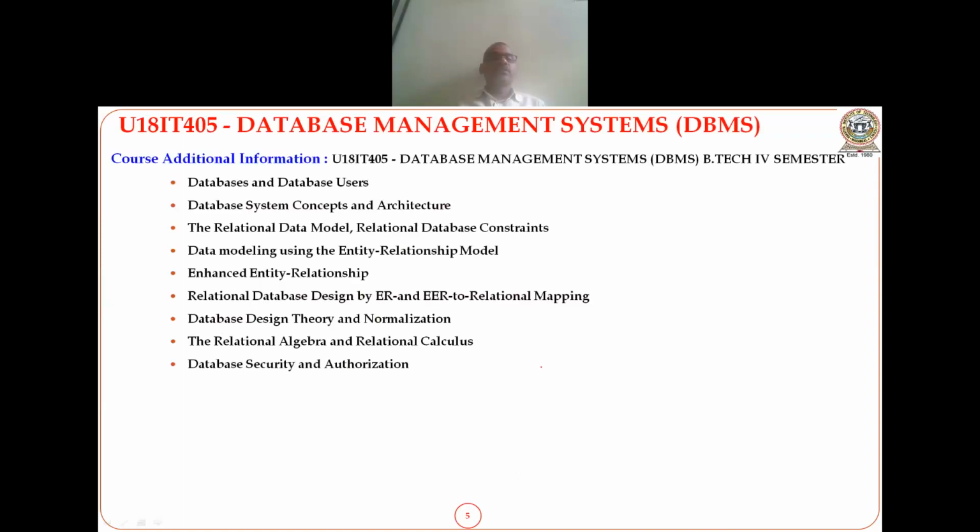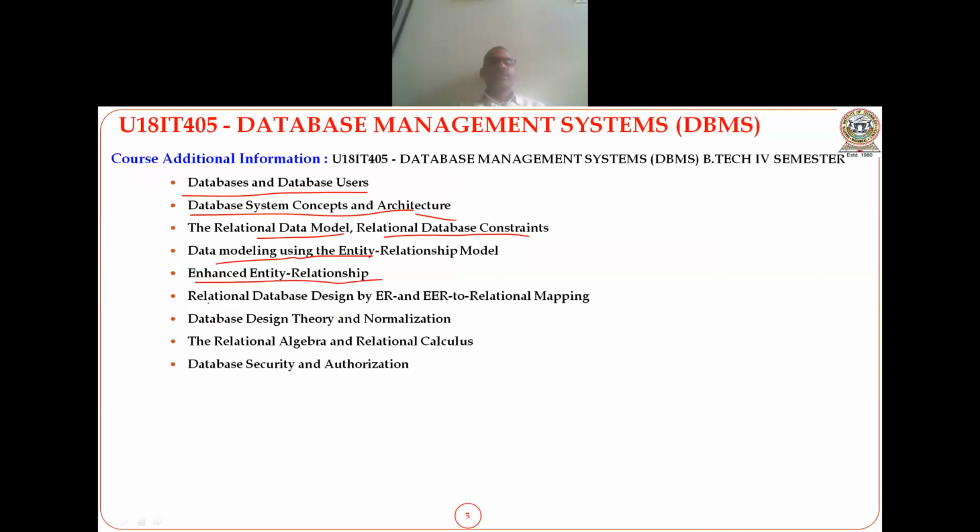And for the database management systems course, we will discuss what databases and database users are, database concepts and architecture of the databases, the relational data model and relational database constraints, data modeling using the entity relationship model, and also the enhanced entity relationship diagrams.